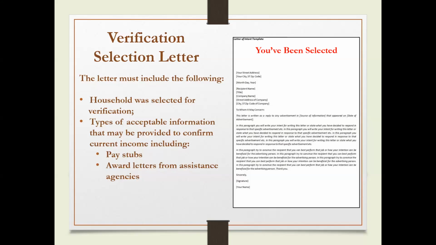So the verification letters should contain the following elements: that the SFA has been selected for verification, the types of acceptable information that may be provided to confirm current income, such as pay stubs, award letters from assistance agencies for benefits, or even support payment decrees from court.